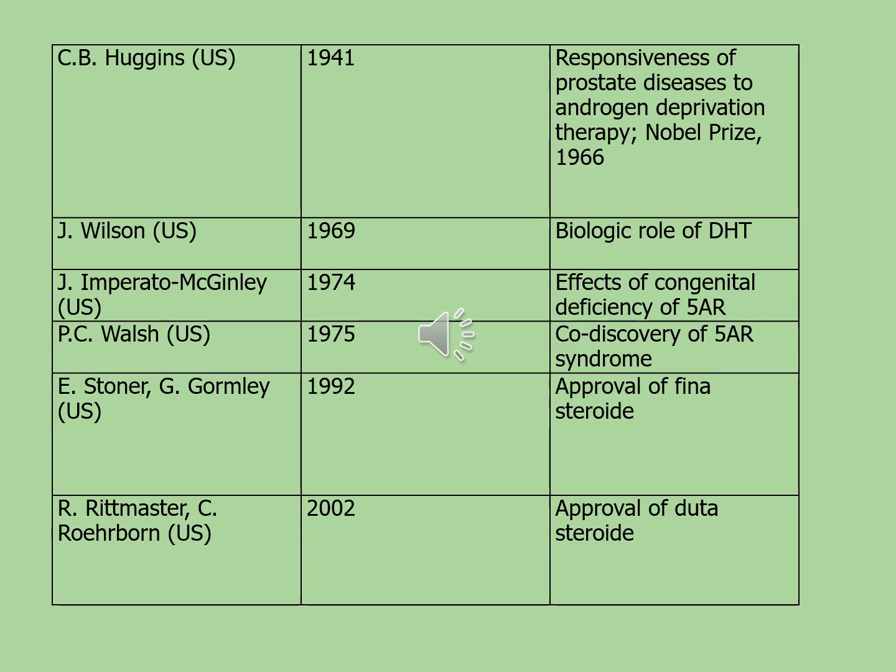J. Wilson in 1969 discovered the biological role of dihydrotestosterone. Imperato-McGinley in 1974 discovered the effects of congenital deficiency of 5-AR. P. C. Walsh, from the United States, in 1975 described the co-discovery of 5-AR syndromes.